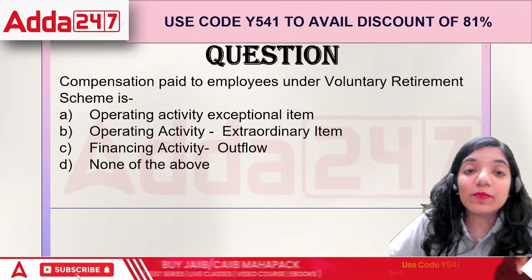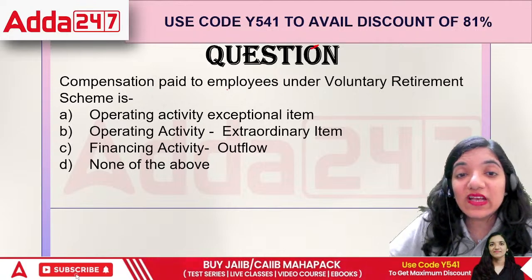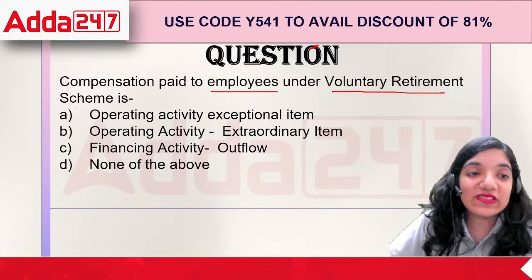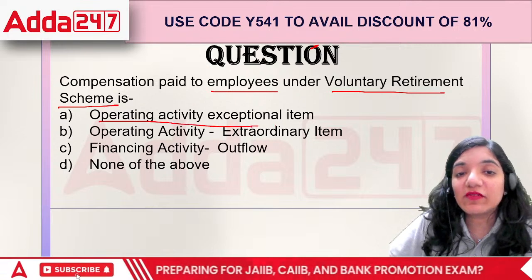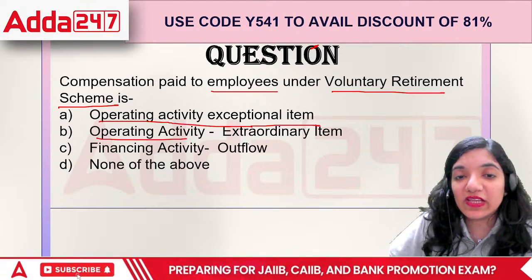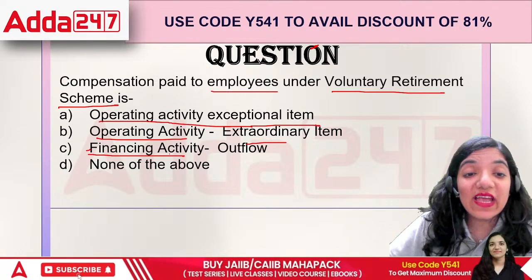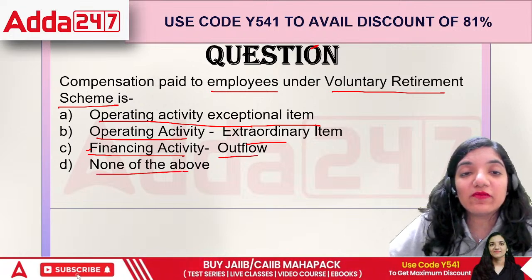Next question. Compensation paid to the employees under voluntary retirement scheme is: operating activity exceptional item, operating activity extraordinary item, financing activity outflow, or none of the above.